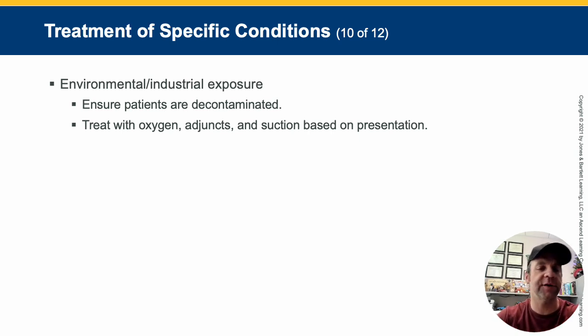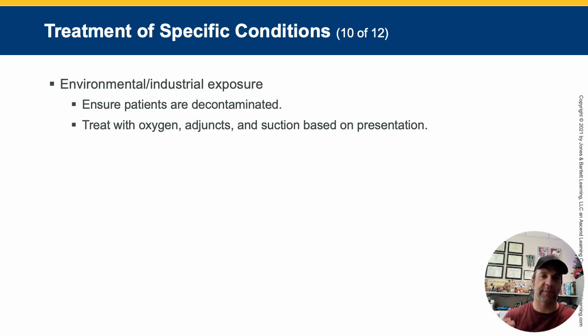If the patient's symptoms suggest a bronchospasm and your protocol allows it, you could consider bronchodilator therapy. In the case of carbon monoxide poisoning, oxygen is the most important aspect because it's going to help displace the carbon monoxide molecules from the hemoglobin.